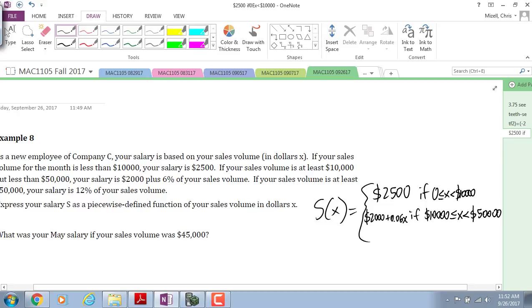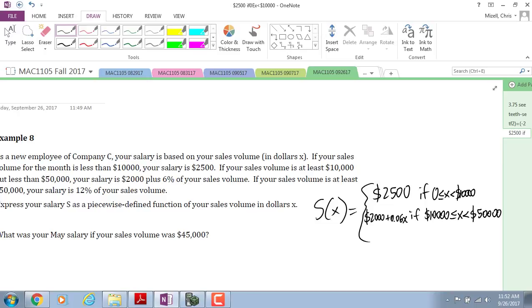So if your sales happen to be $20,000 in a given month, we take 6% of $20,000, which is $1,200, I think. Then add that to $2,000, and that would be $3,200. That would be your salary for the month, which is better than if your sales had been less than $10,000.